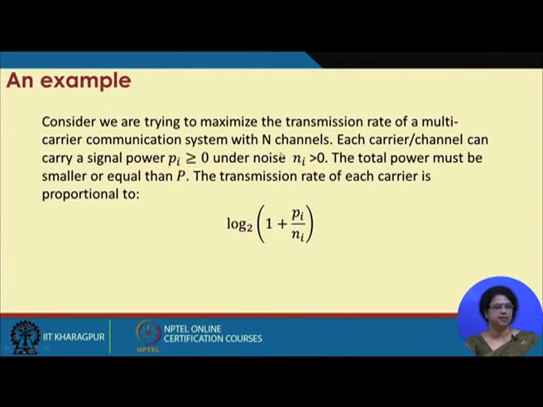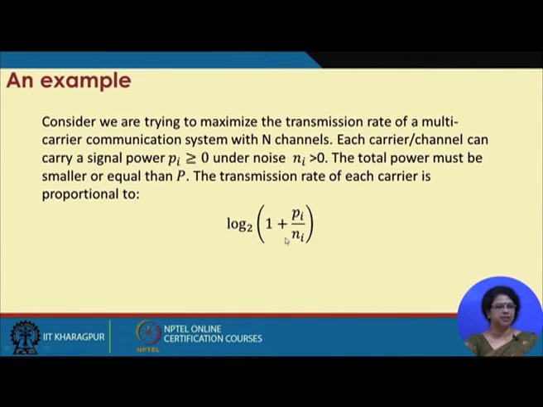Maximize the transmission rate of a multi-carrier communication system where there are n channels, and each carrier or channel can carry a signal Pi under the noise Ni, and the total power must be smaller or equal to P. That is the constraint for us, and the transmission rate for each carrier is proportional to log of 1 plus Pi by Ni with base 2, that is given for us.